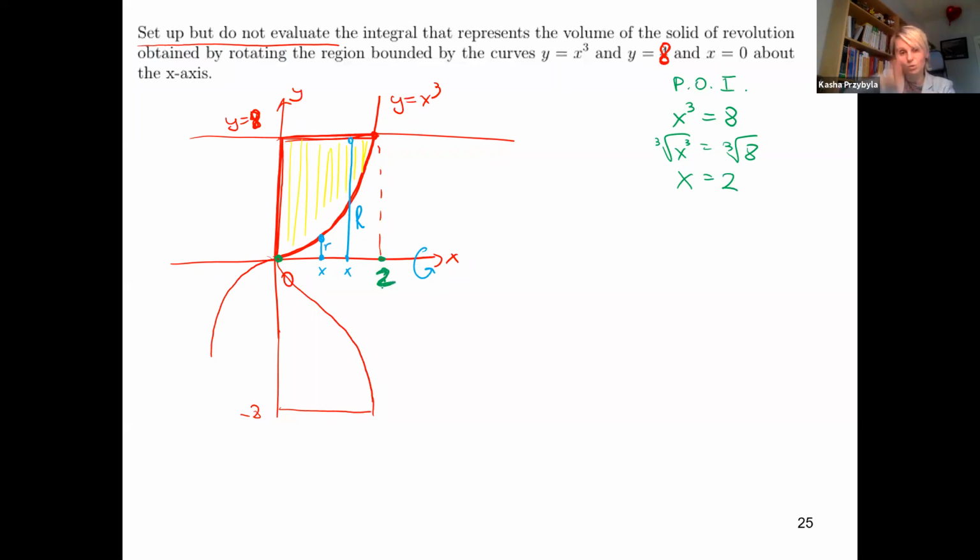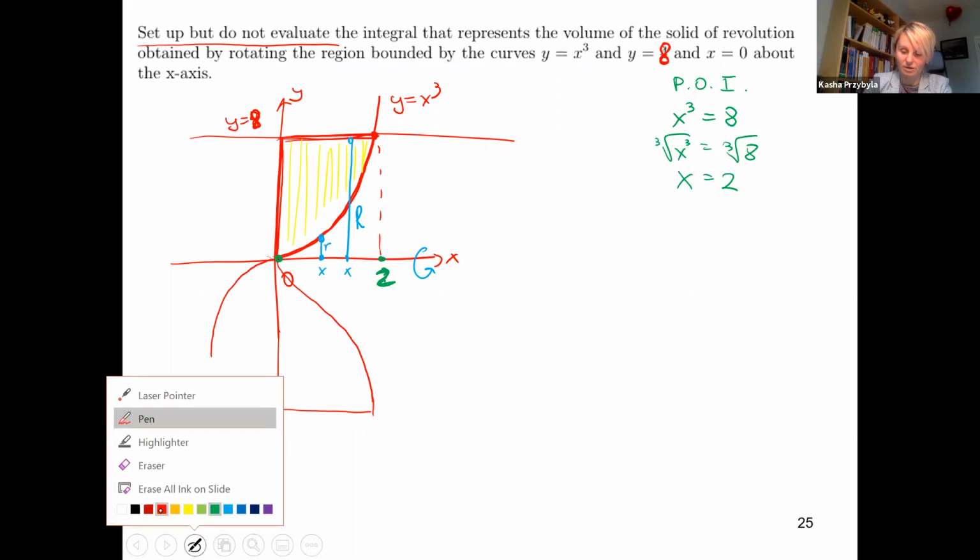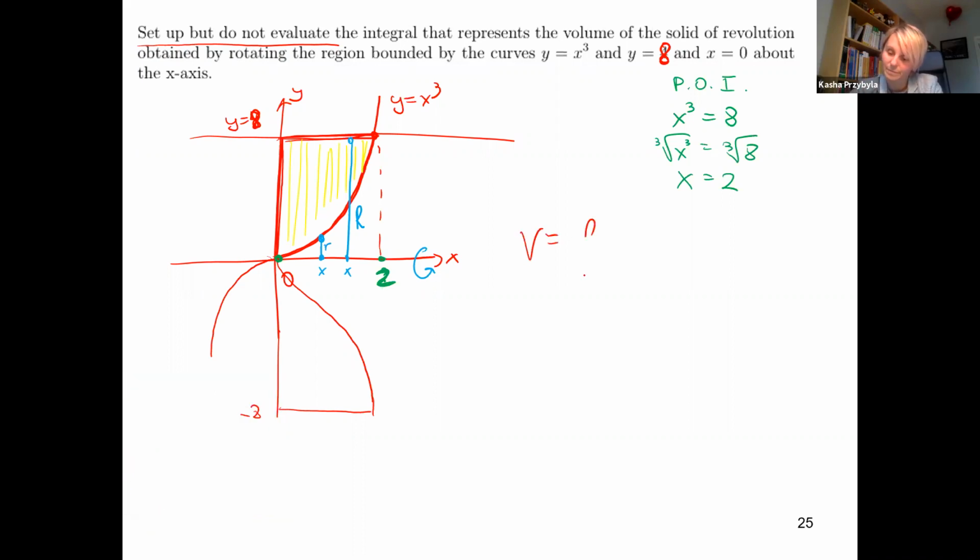That means we will slice this way, from 0 to 2 along the x-axis, because we will integrate in terms of x. We just need the area of the washer. Do you remember the area of the washer?